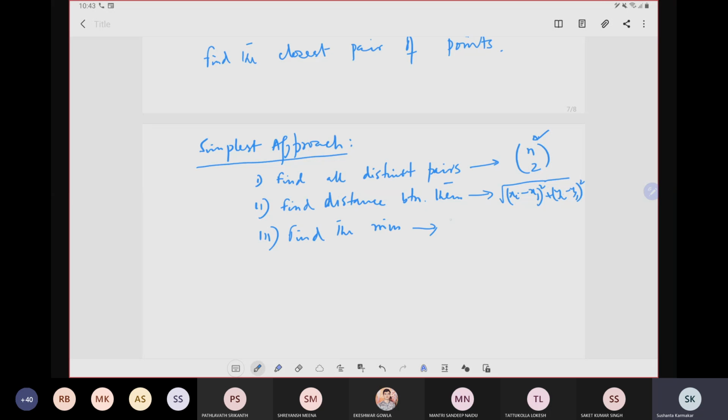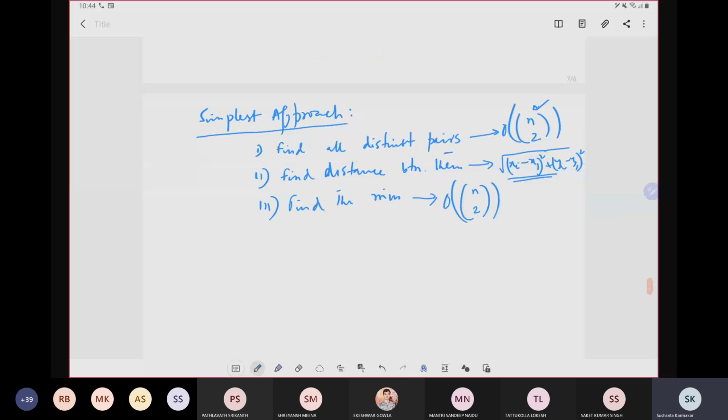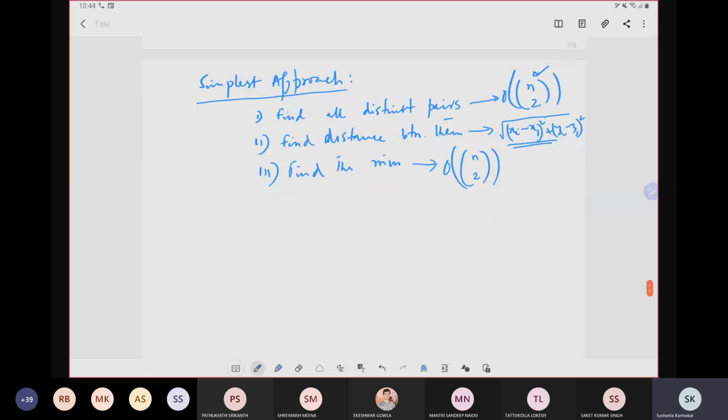So just one scan, so it will again require n choose 2 amount of time. And calculating this distance, for one pair it requires constant amount of time. So overall time is something.